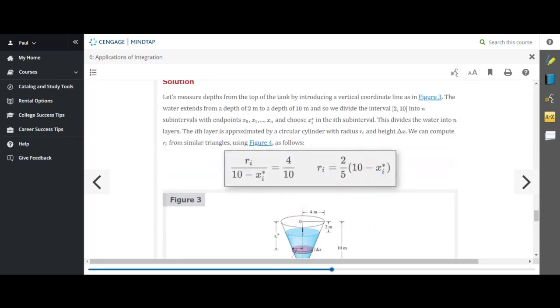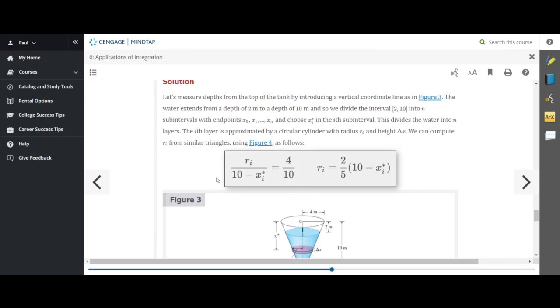Think about the smaller triangle: the radius r sub i over 10 minus x sub i is equal to the radius of the big triangle, 4, divided by the height, 10. 4/10 reduces to 2/5.